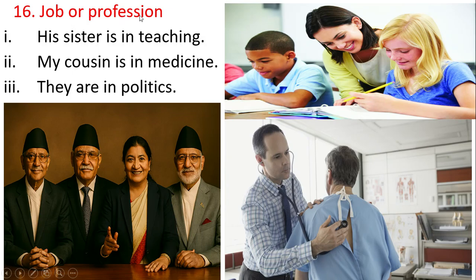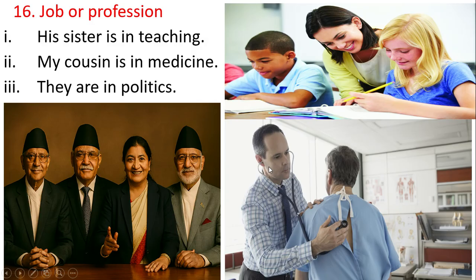Now, job or profession. His sister is in teaching. Now look at the picture. What is she doing? She is teaching. What is her profession? So she is in the teaching job. My cousin is in medicine. Now look here.